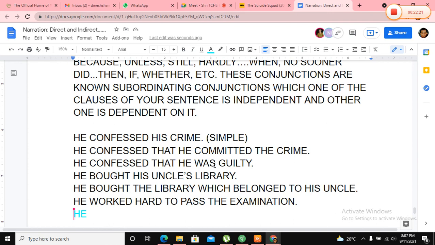Keep your caps lock on. He worked hard. And is a coordinating conjunction, and we are doing subordinating.